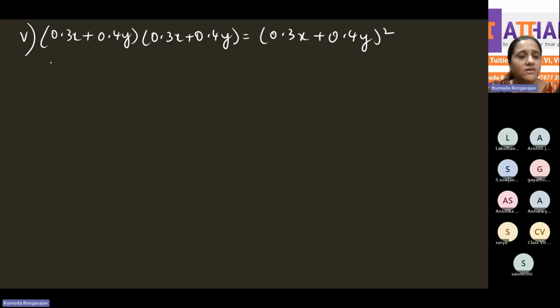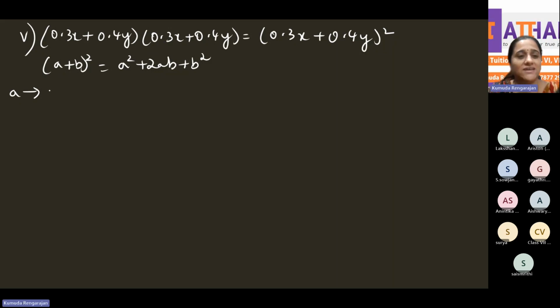Yeah. So the identity: (a + b) whole square is equal to a square plus 2ab plus b square. See, this was your assignment so that you write the identity 5 times and you get used to it. Now I am doing your assignment. I was only supposed to show the final answer on the screen.